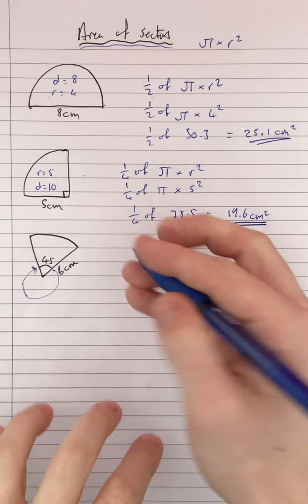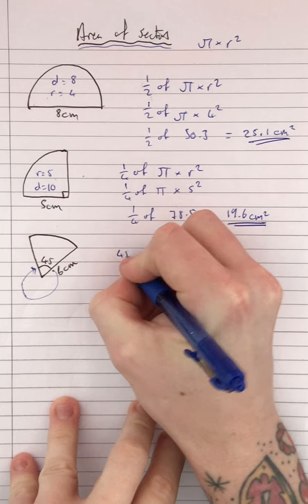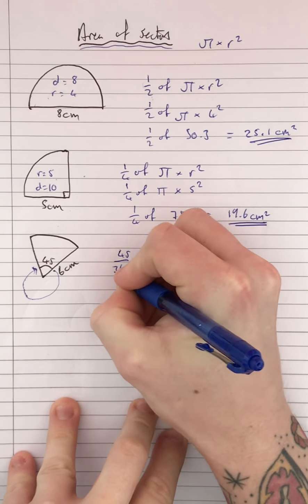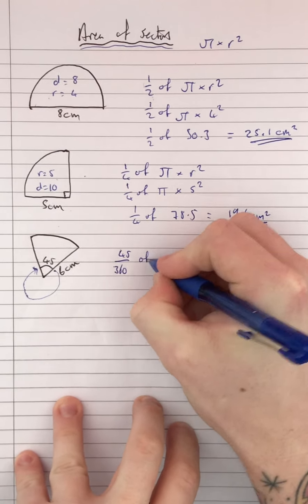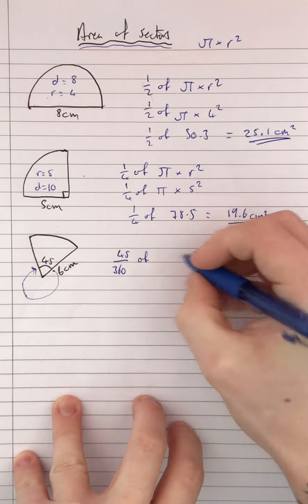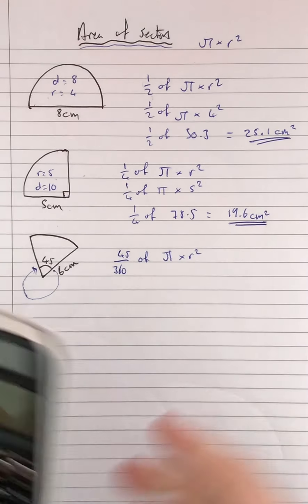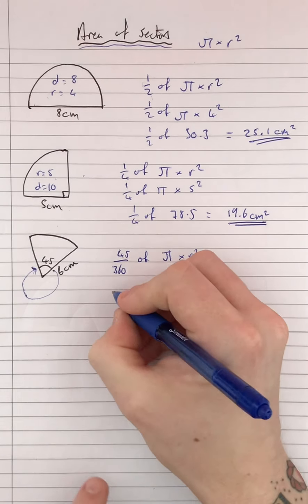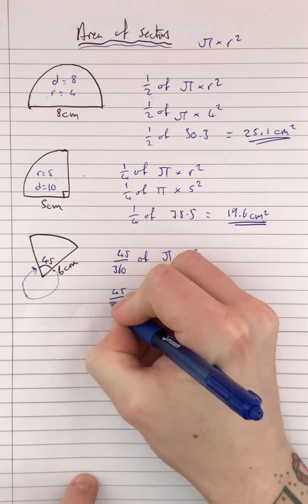We've got 45 of those degrees, so we've got 45 degrees out of 360 of the area of the whole circle as well. That's the fraction of the circle we've got, so that's going to be the fraction of the area that we've got. So 45 over 360.